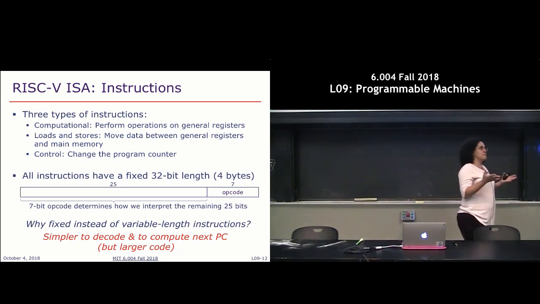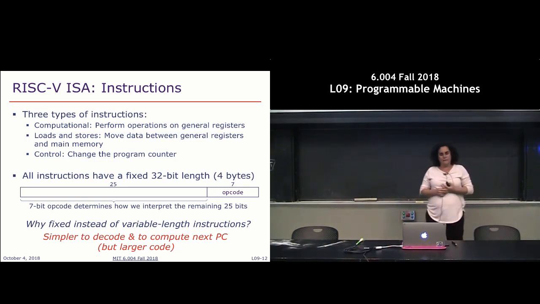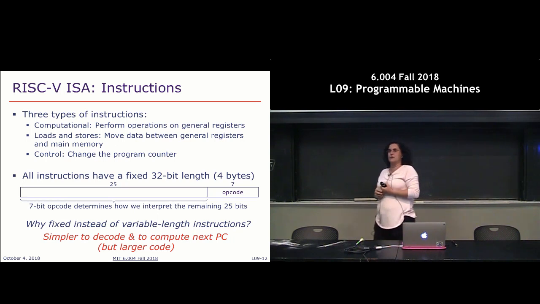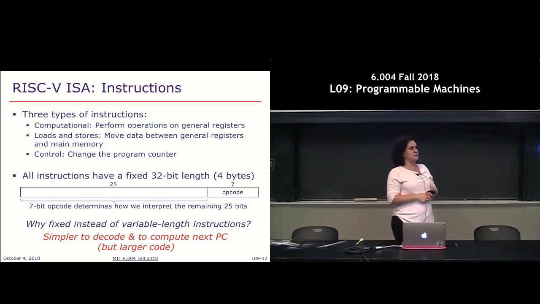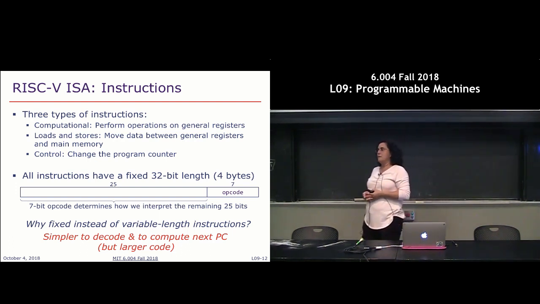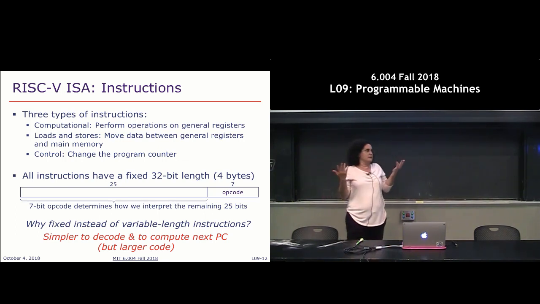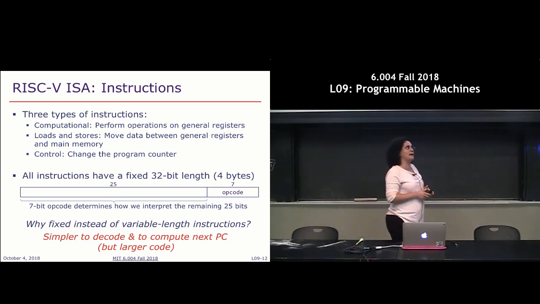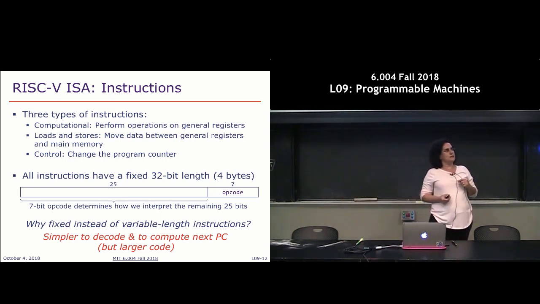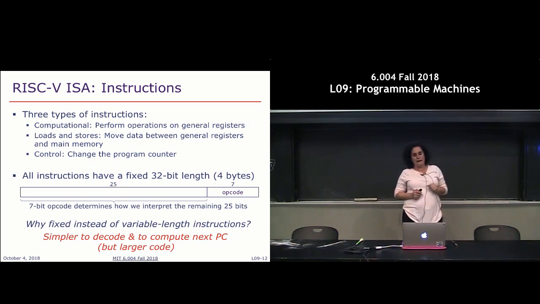So we're going to need 3 different types of instructions. The first are computational instructions. Those are things like add, subtract, things that our ALU is able to do. The second is, because we have things living in main memory, we need what we call loads and stores. So some way of bringing data from main memory into our registers and back the other way.